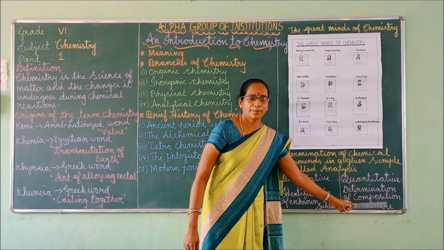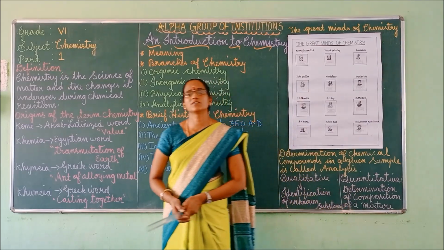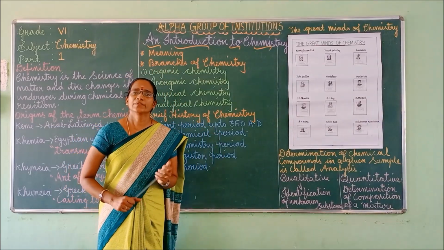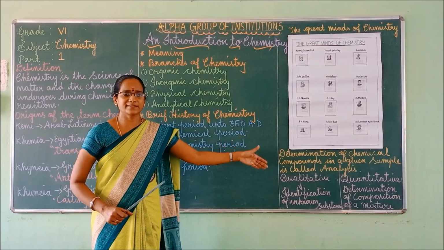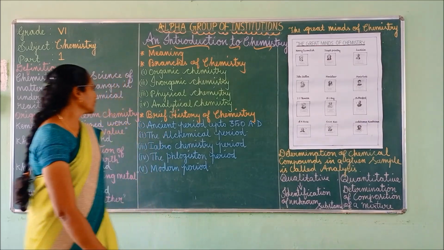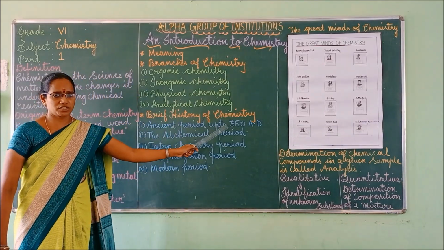Here these things you have to remember, and I already told you about ions. When you go to higher classes, you will learn about these things in detail. Now this is enough for you. Next we can move to the brief history of chemistry.